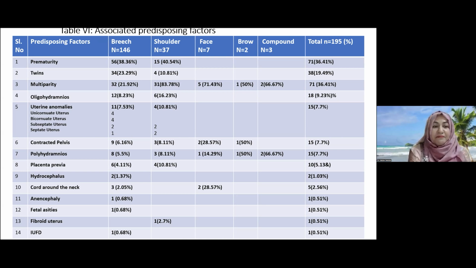Here, the risk factor of prematurity was the maximum, that is 36.41%, followed by multiparity, twin pregnancy, oligohydramnios.